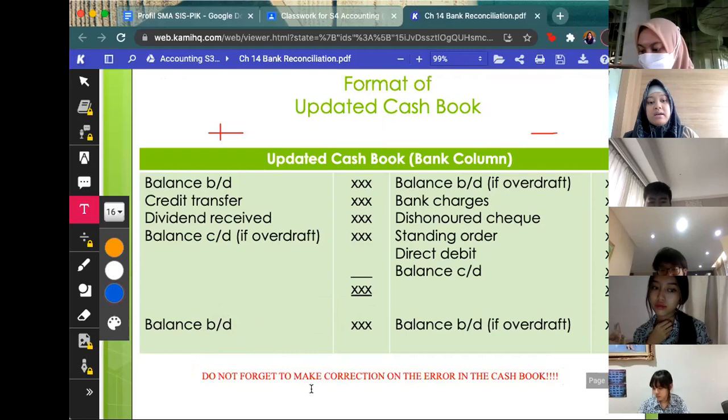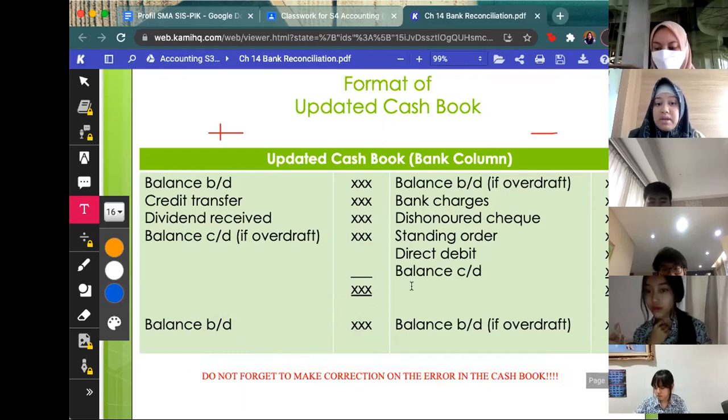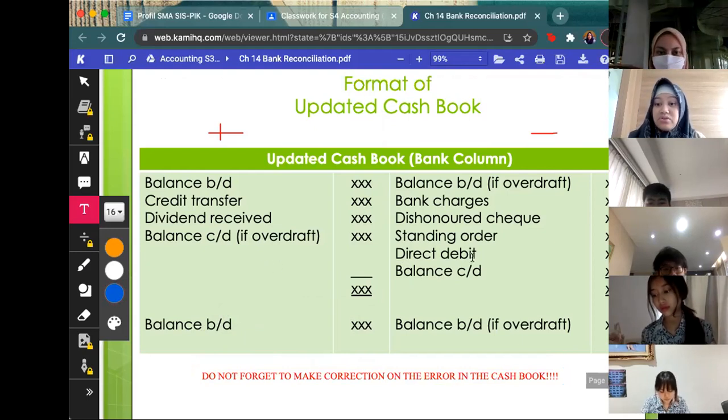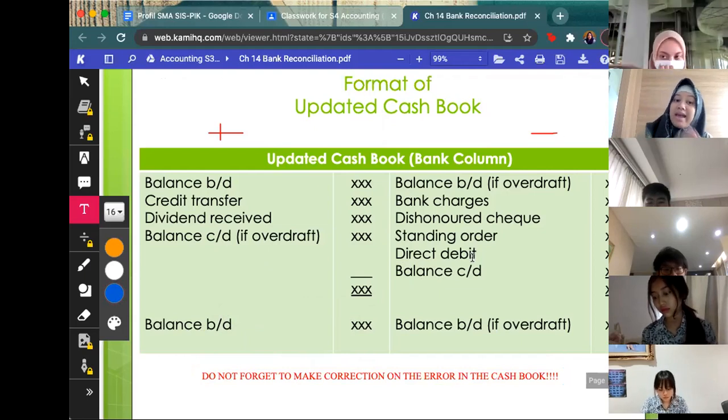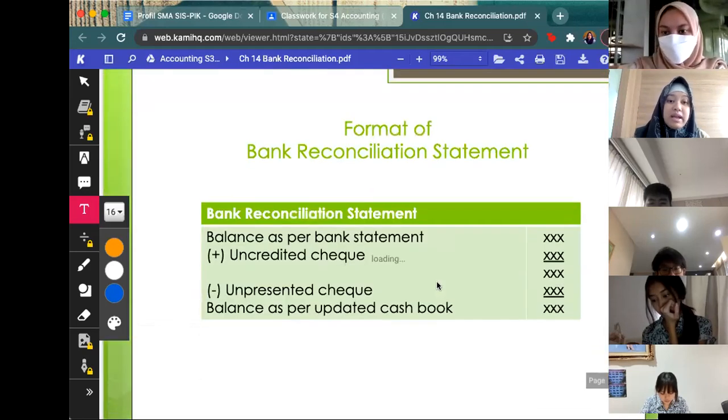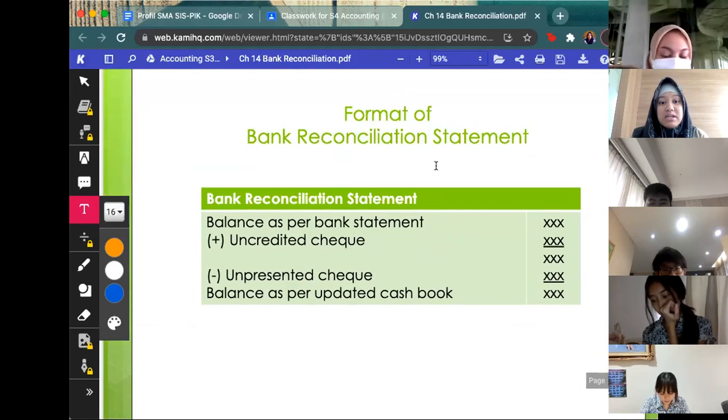I did not put the error here in the template because the correction of the error can be made on either the debit or credit side. It depends on the error: should you fix the error by adding to the cash book or by deducting from the cash book? It depends. Next, bank reconciliation statement.